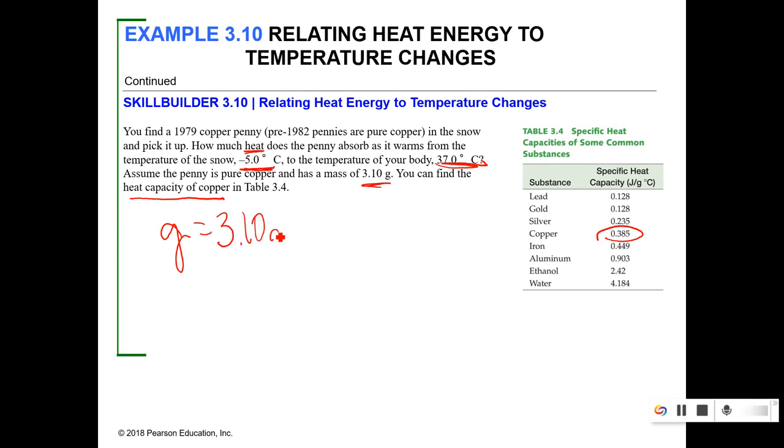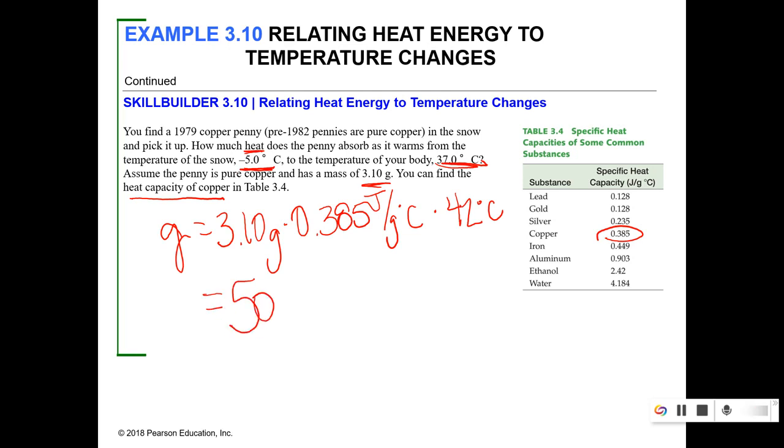So Q equals 3.10 grams times 0.385 joules per gram degree Celsius times 37 minus negative 5, because remember it's final minus initial, which does give us 42 degrees Celsius, because that is the change. It's like a range. Think about the number line. So I've got 3.1 times 0.385 times 42. And I get 50.1 joules.